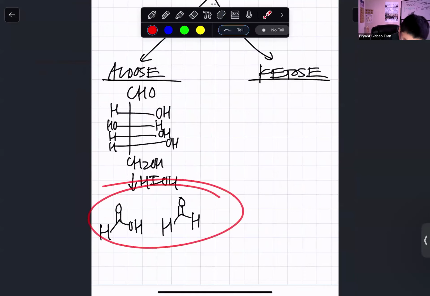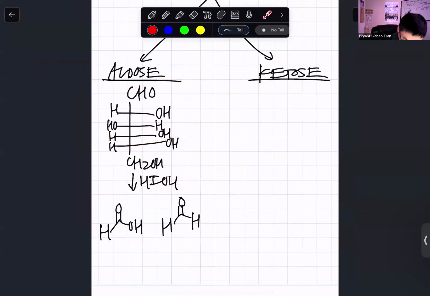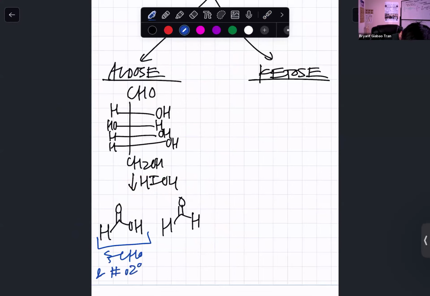So those are your only two qualitative products you get by oxidizing an aldose with HIO4. To figure out how much product we're going to get, the formic acid is going to come from the CHO carbonyl and the number of secondary alcohols.